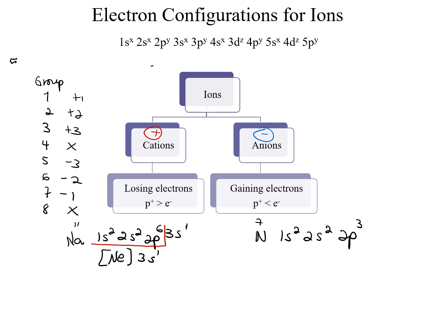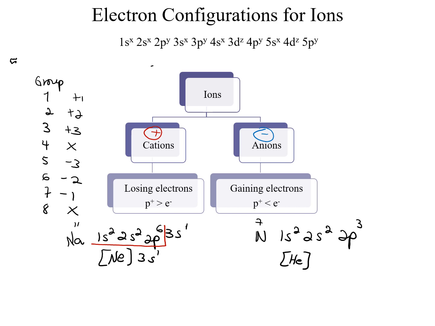Okay? If you want to do the short notation for that electron configuration, the noble gas that you have to use is going to be helium, because neon is after nitrogen, and we always use for the short notation the noble gas with a lower number of electrons. So for nitrogen it will be helium.